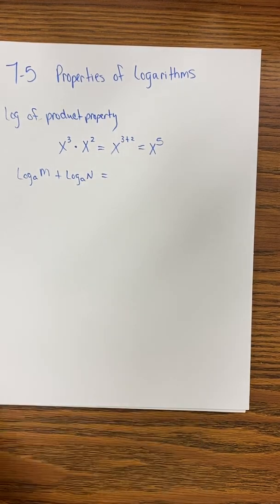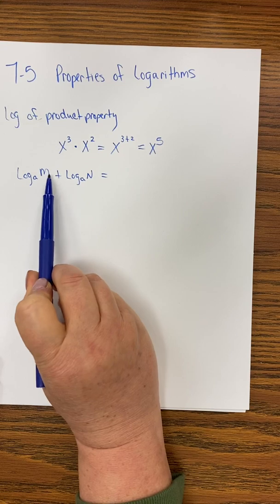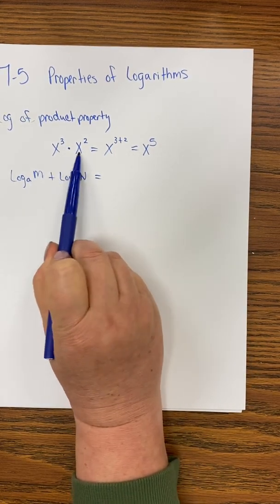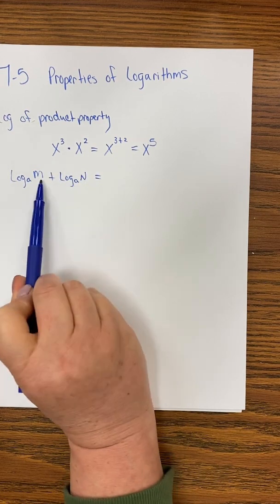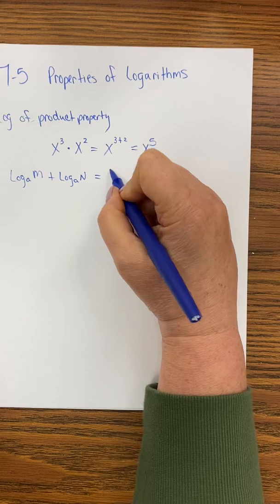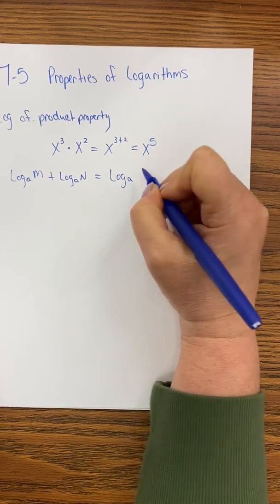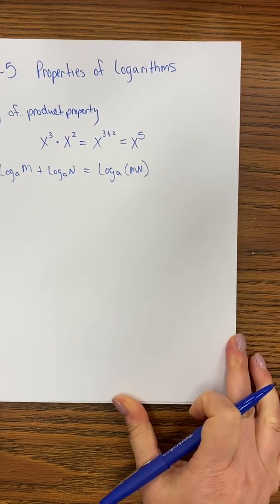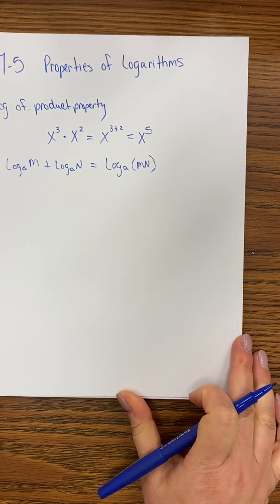So remember, undo it. So now if it's addition, what did we start with? We started with multiplication. So that means you're going to multiply the M and N. So the answer to that would be log base A of M times N. That's the product property for logarithms.